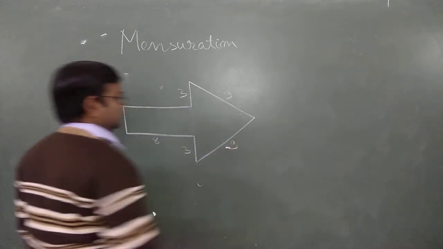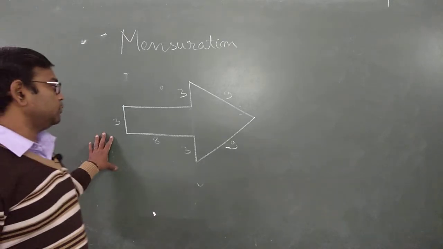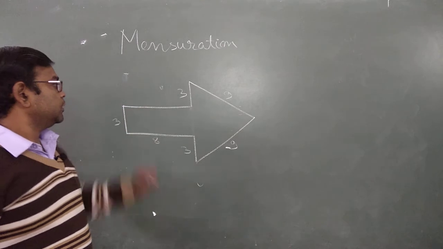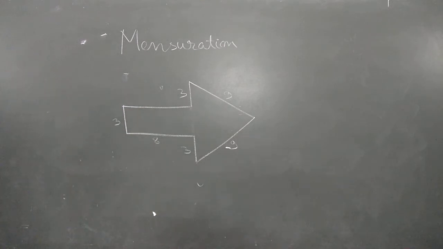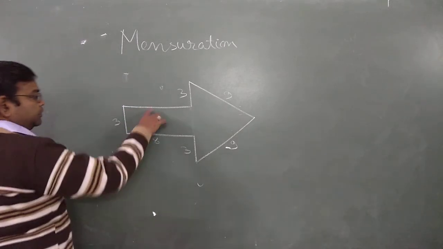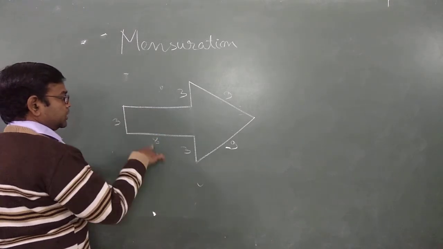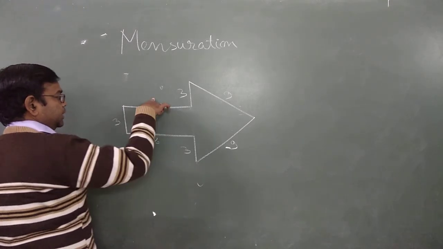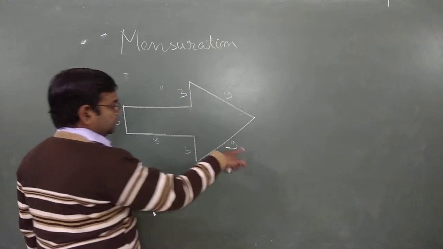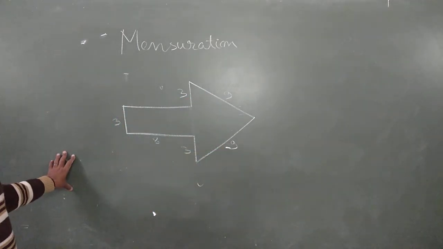This is 9. The question says to find the perimeter of this figure. So for this you have to add all the sides given to you. Something is given, some is missing. Which one is missing? This one is missing. As we see that this is a rectangle, opposite sides are equal to each other. So 8 plus 8 plus 3 plus 3 plus 3 plus 9 plus 9. You have to add and find the perimeter.